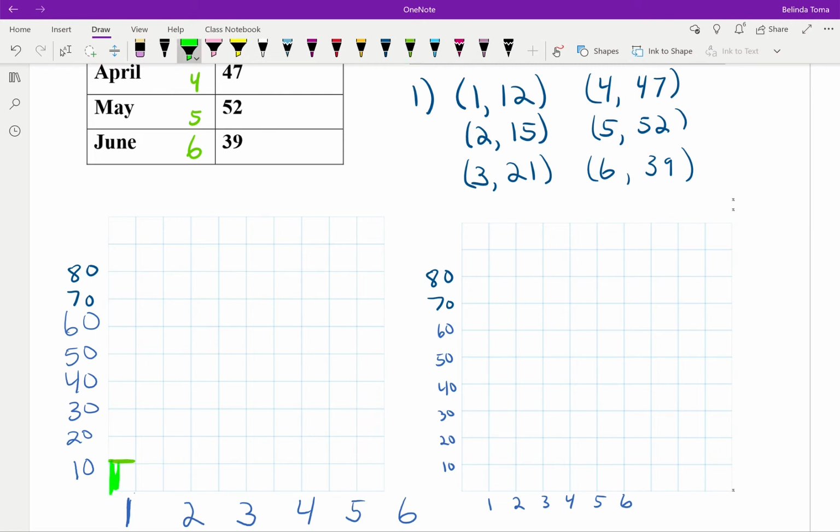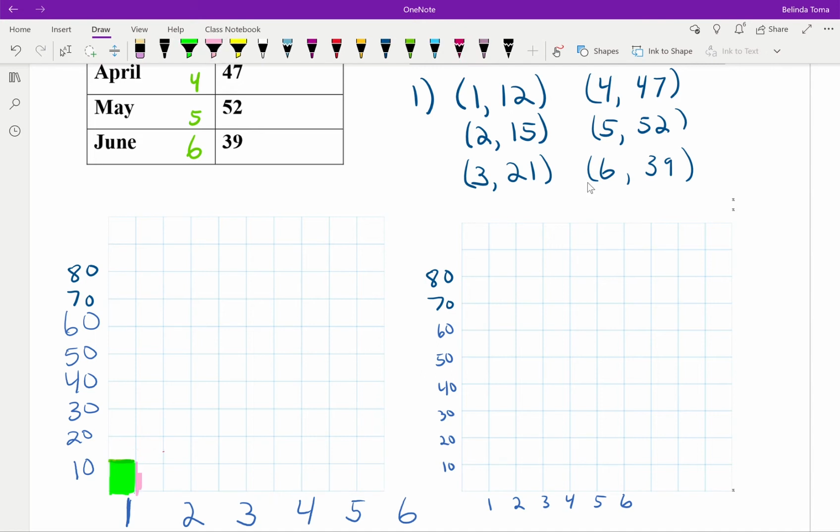So then we could fill in the chart like that. In the second month, we could look and see there's 15 inches. So I would be able to mark that.